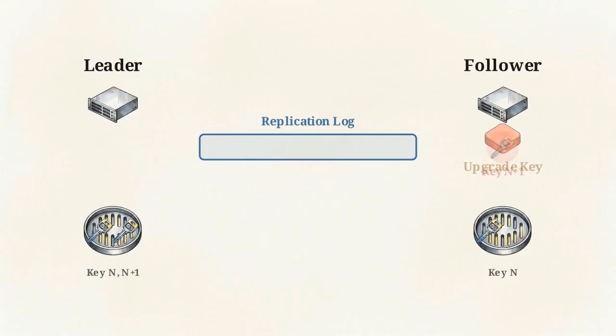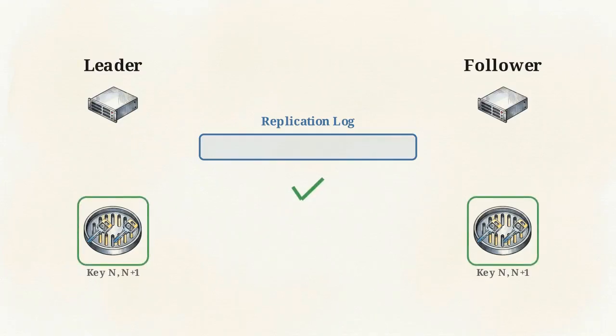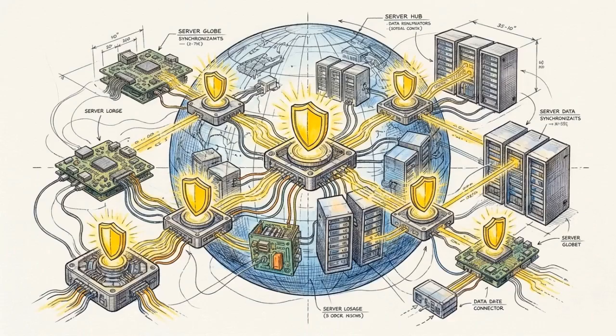Because the follower node already holds the old key n in memory, it simply unwraps the package and extracts the newly generated key n+1. The follower then appends this new key to its own internal keyring, achieving complete synchronization with the leader node. Upgrade keys enable seamless online key transitions across clustered nodes. The entire cluster rotates its root of trust without manual unsealing or system pauses.